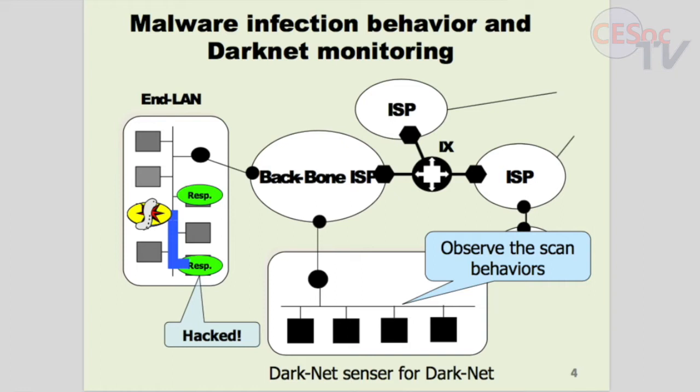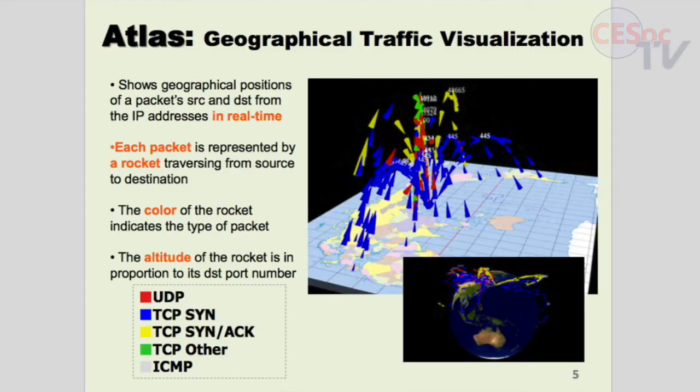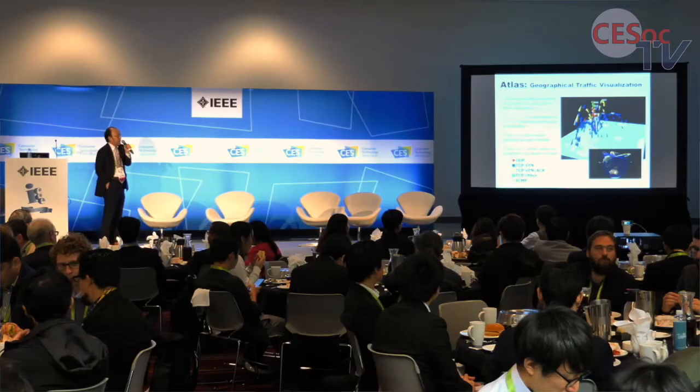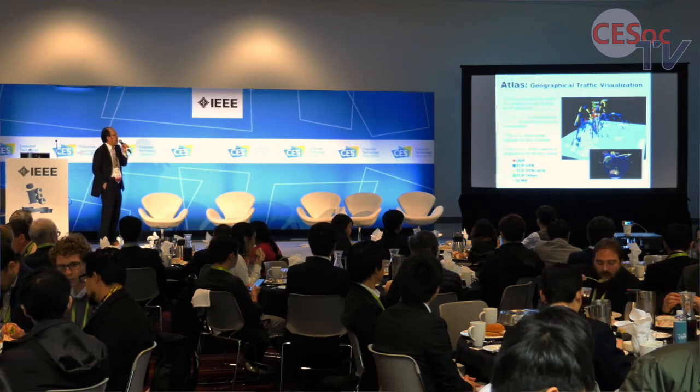So for the darknet, we prepared a geographical traffic visualization technology. We use a rocket that is sent from the source address to the destination address, and different colors identify the type of protocol: UDP, TCP/SYN, TCP/ACK, etc. It may be easier for you to take a look directly.